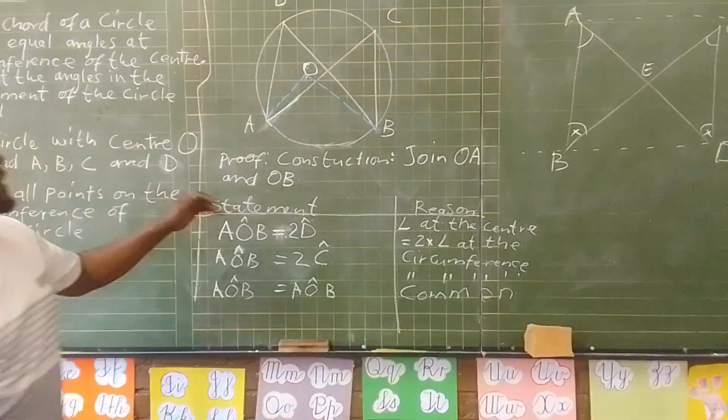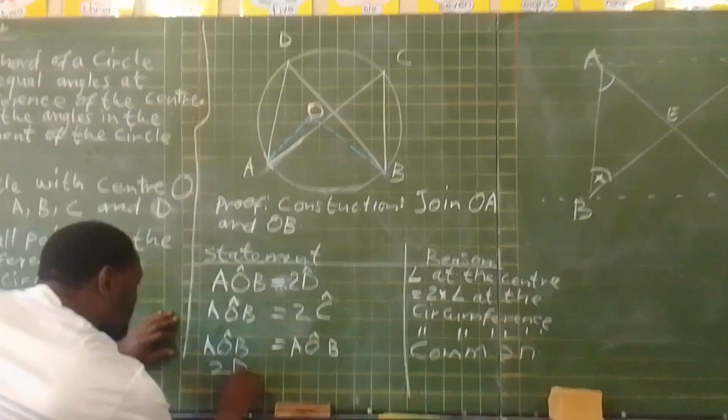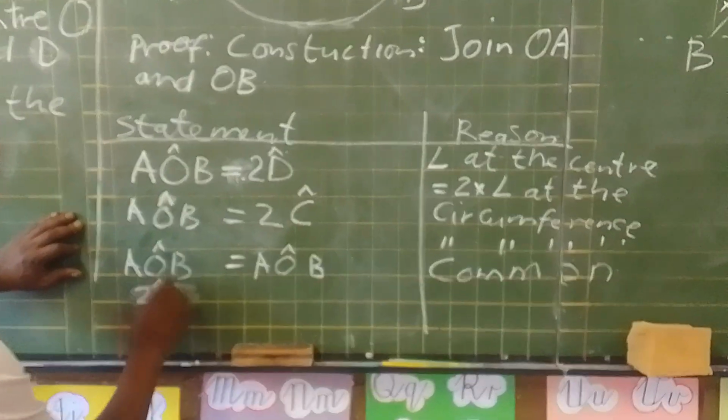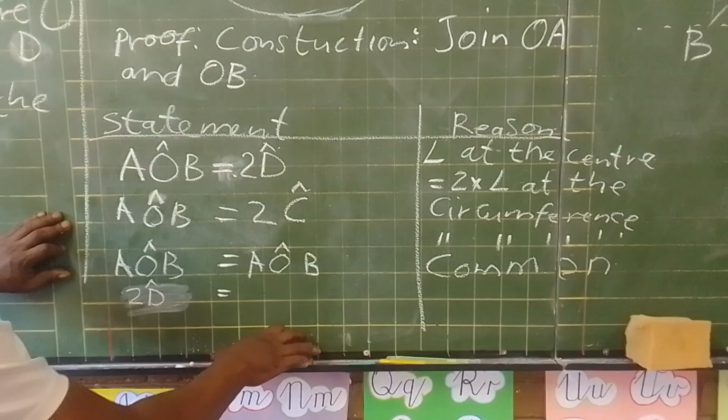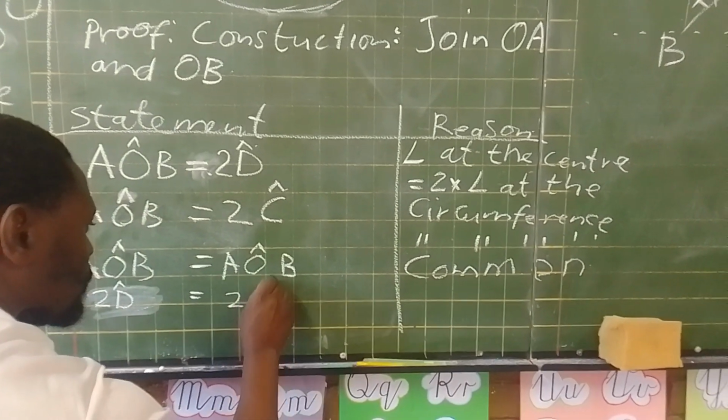Common, same angle. Therefore, 2D is equal to 2C.